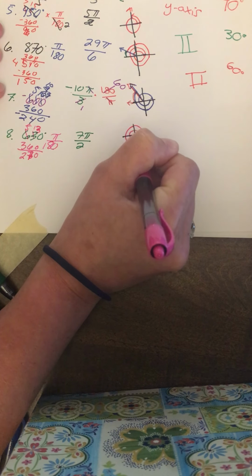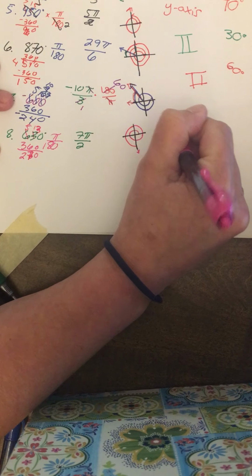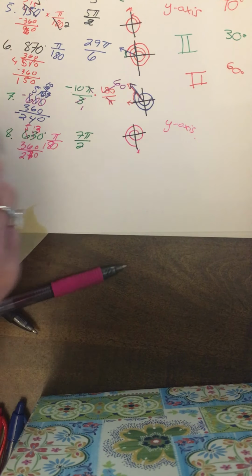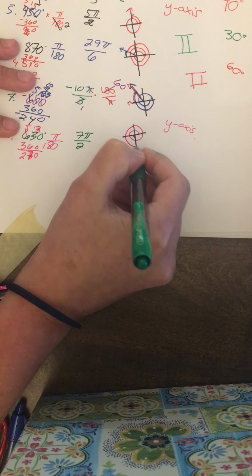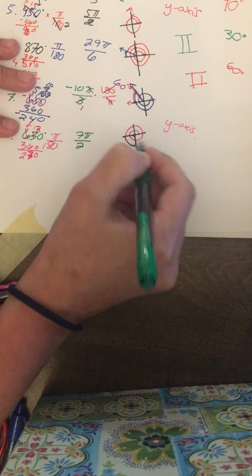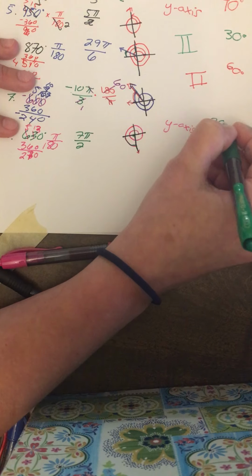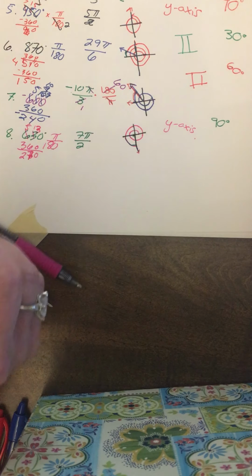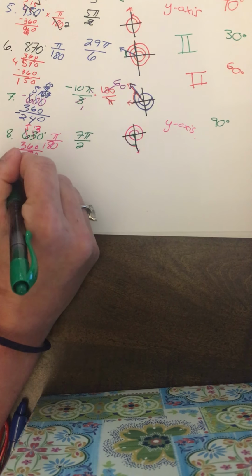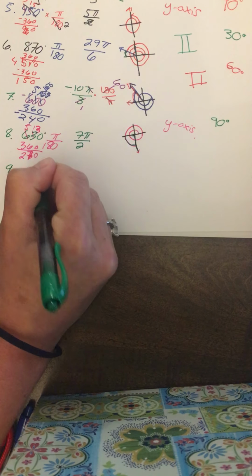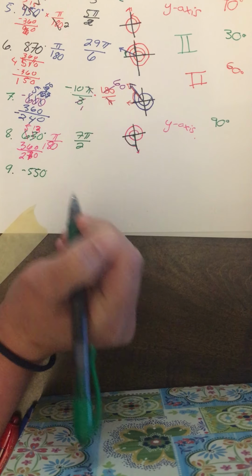So that puts us right here on the y-axis. And remember that the reference angle is the angle formed by the terminal side of our angle and the x-axis, so that would be a 90-degree reference angle.